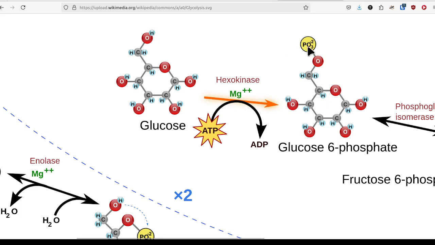And what we've done is we've transferred a phosphate group, which is actually the PO4, replacing this hydroxyl group. And we transferred the phosphate group from ATP, adenosine triphosphate, to adenosine diphosphate. So it went from tri to di and gave that third phosphate group to the glucose molecule. So this hexokinase is a transferase.